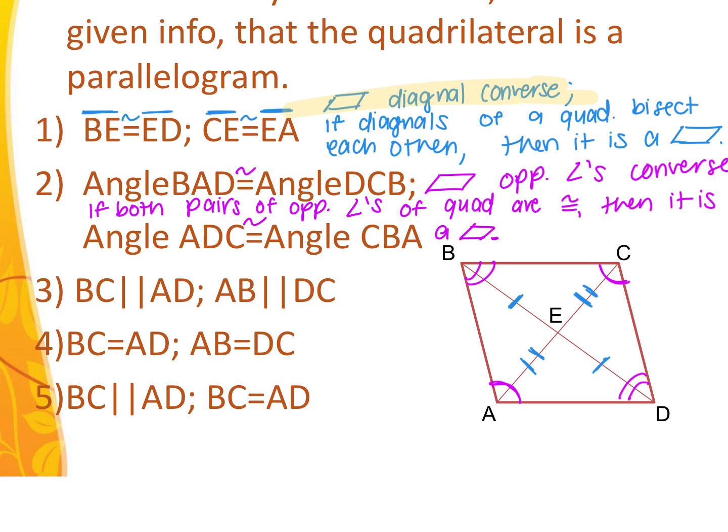All right. Next. BC is parallel to AD. So here's BC. Oops, parallel. Parallel represented with an arrow. If BC is parallel to AD and AB is parallel to CD, what theorem am I using?